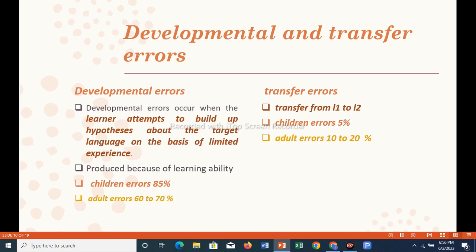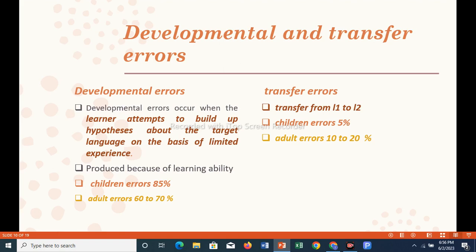But the errors that are transferred from the first language to a second language, like the pronunciations and the sentence structure that we have discussed before. A child can acquire the accent more easily. A child can acquire multiple languages at a time as compared to an adult in the critical phase of his life, which is from birth to his early stages of life, or puberty.